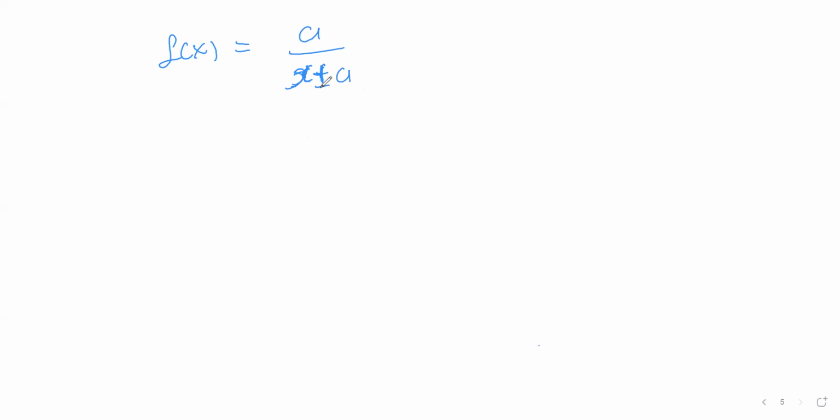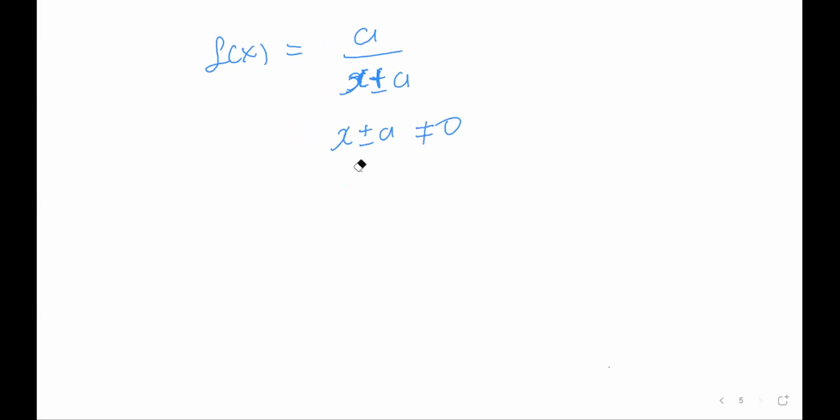So in order for this to be defined, our denominator cannot be 0. So if we set the denominator to 0 and solve for x, then our domain will be all x values except those x values for which the denominator is equal to 0. All right, that will then be how we do our domain.